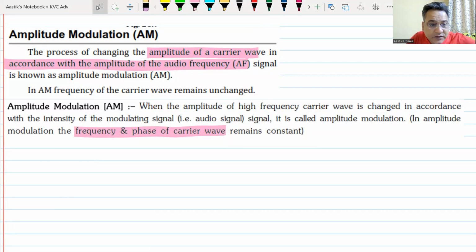Now we have a term which is known as the modulation factor.